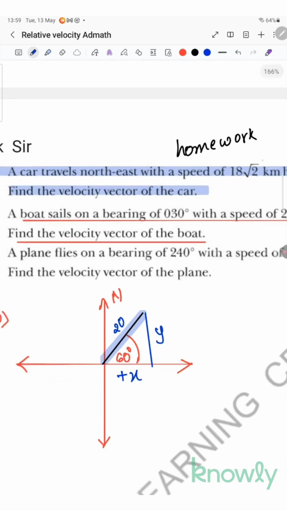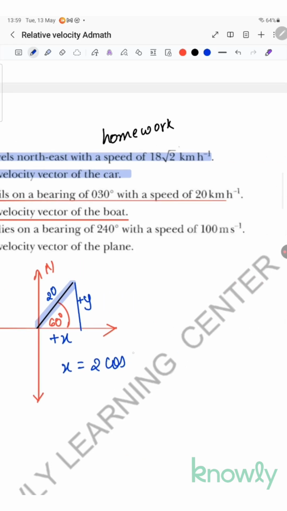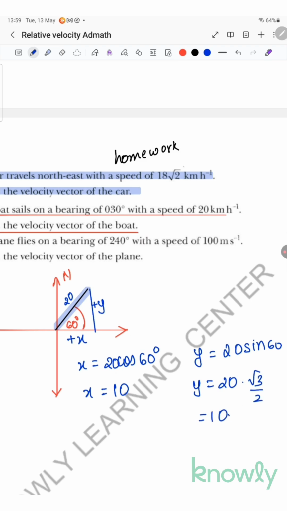So x is equal to 20 cos theta, and theta is 60 degrees, always measured from the x-axis, and y is equal to 20 sin theta. So x is 20 cos 60, which is half, so this is 10, and y is 20 sin 60, which is root 3 by 2, so this is 10 root 3.